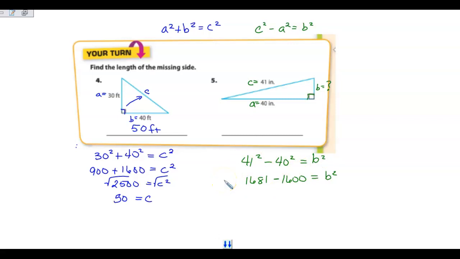And so I'm going to take 1,681 minus 1,600, and I'm going to get 81. If I find the square root of each side of my equation, the square root of b squared is b, the square root of 81 is 9. So that means that b is 9 inches.